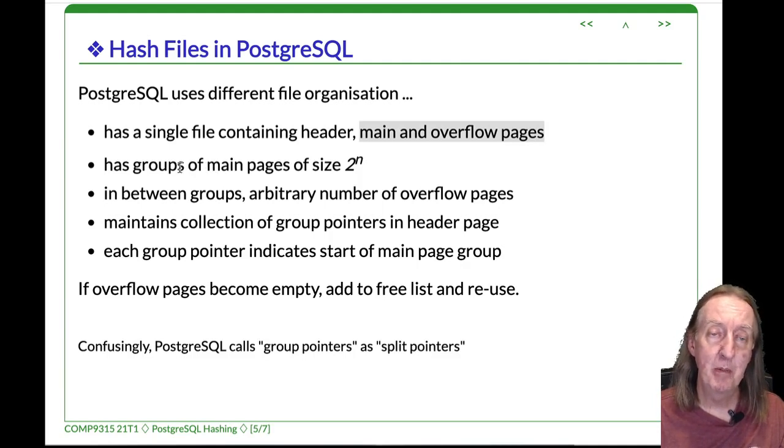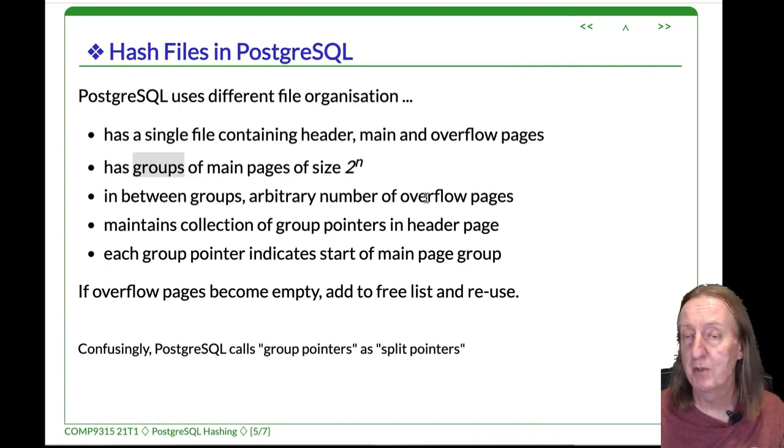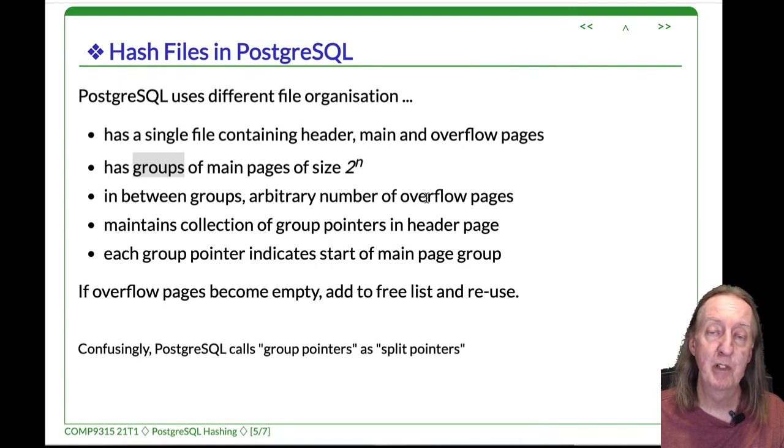But the data pages are inserted into the file in groups, whose size is always a power of 2. In between these groups we have overflow pages, and we can have as many overflow pages as are required between each group of data pages. So how do we work out where all these groups are?